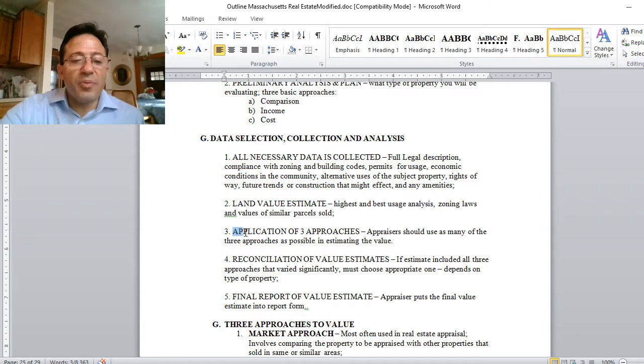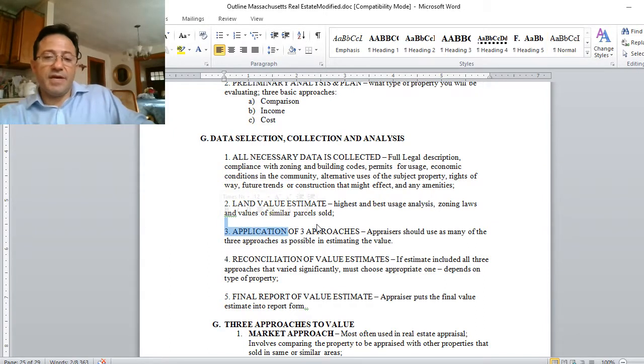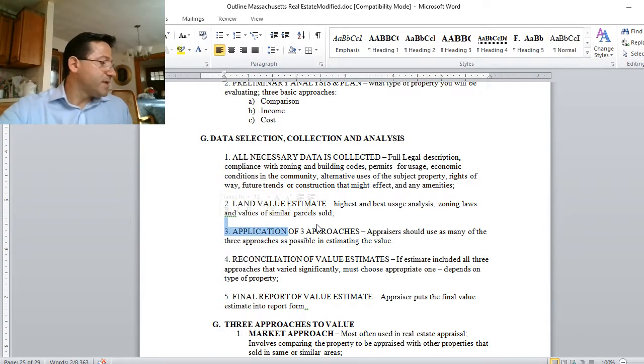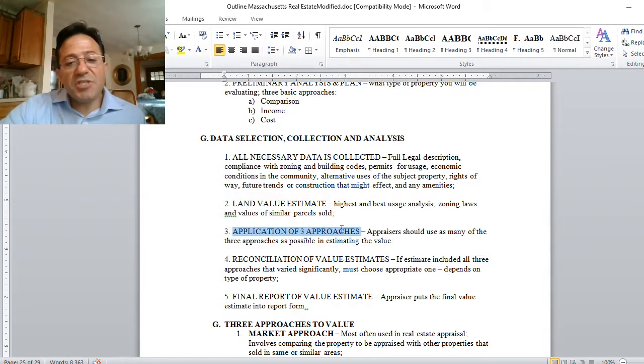Then they're going to try to apply all three approaches. Okay, and I'm flipping the page in the book. They're going to try to apply all three of the approaches because it's like a checks and balances, right? So the appraiser should use any or as many of the three approaches as possible in estimating the value. It's like a series of checks and balances to see if he's in the right ballpark, right?